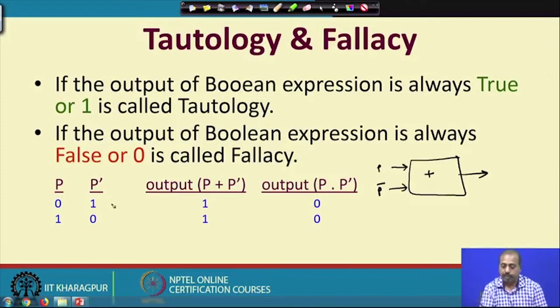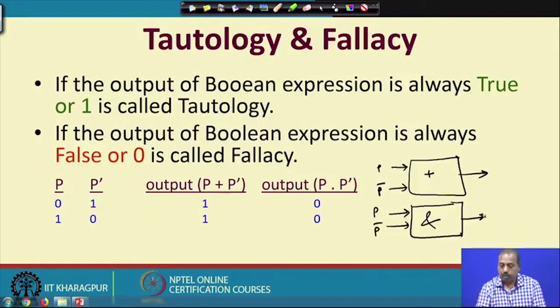Similarly, if we have another module that computes p and p bar, that is the AND operation. Here also I give p and p bar as input, and then I see what is the output. Whatever be the value of p, p and p bar is always going to be equal to 0.